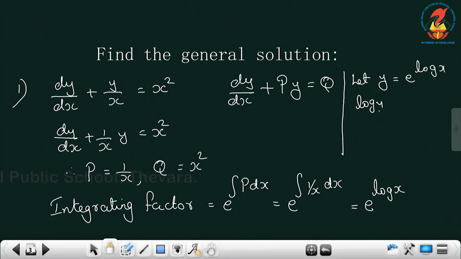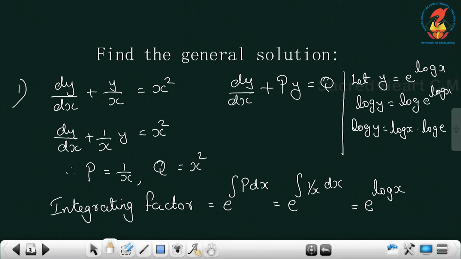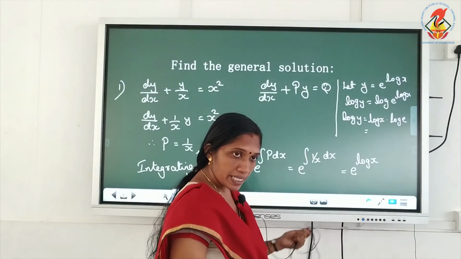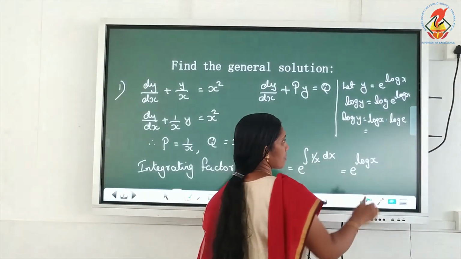So log y is equal to log e raised to log x. Log a raised to n is n into the power, you can write first the power into log e. What is log e? Log e to the base e, that is the meaning. So log e is 1.